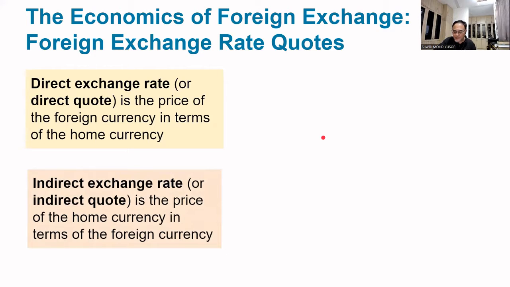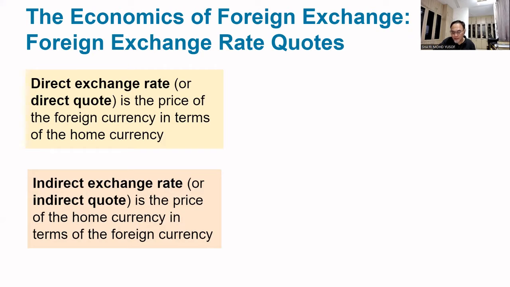For example, from the perspective of a US resident, the direct exchange rate between the US dollar and yen on August 8, 2018, was $0.0901 per 1 yen.